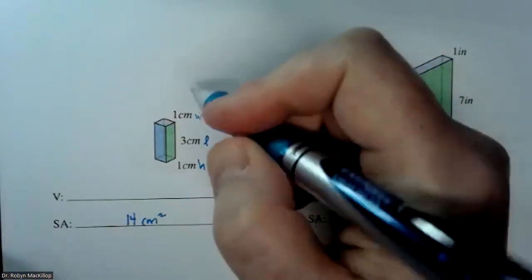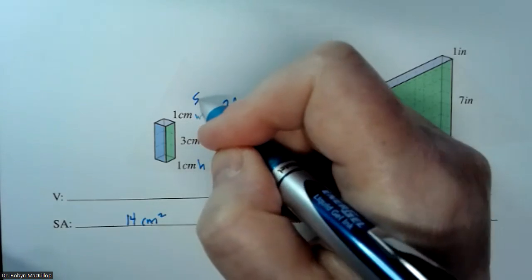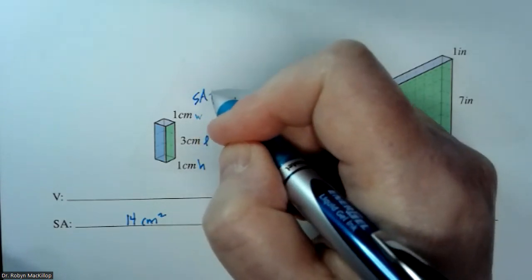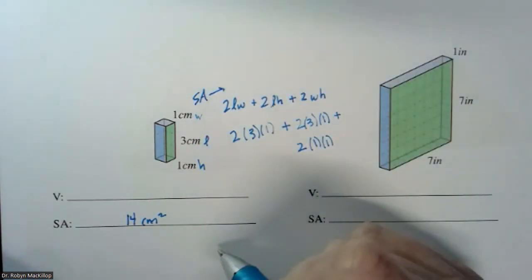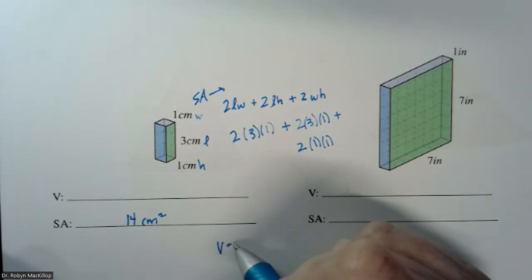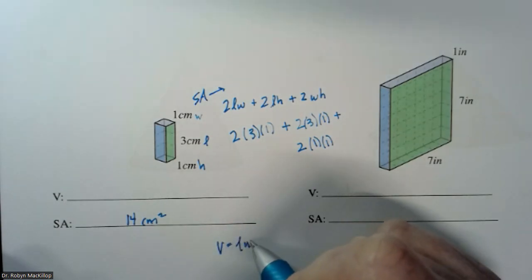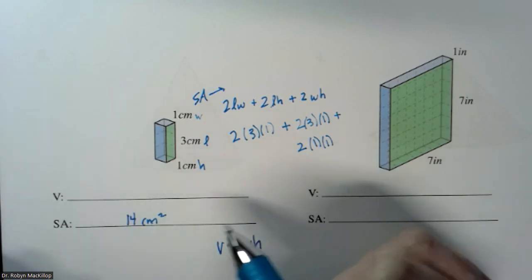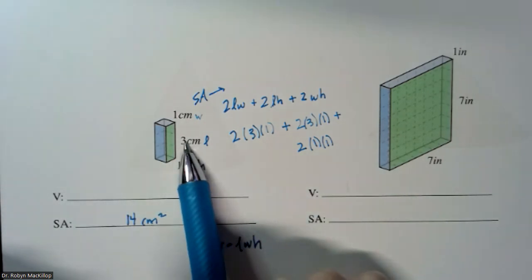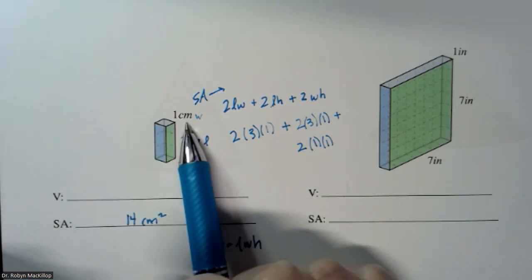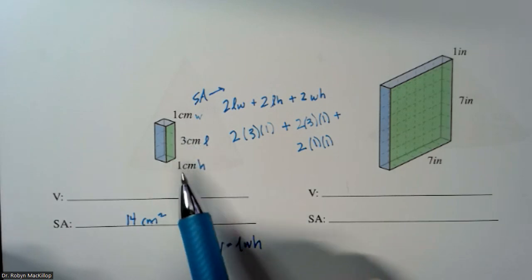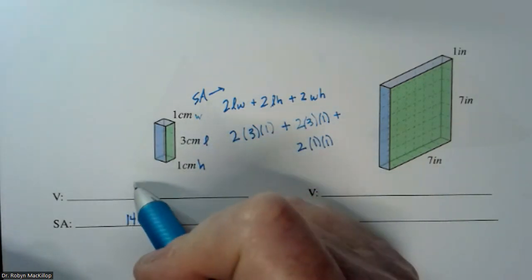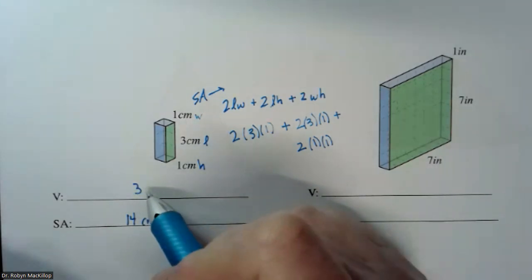So this one was surface area. And then volume is just length times width times height. So that's going to be 3 times 1 is 3 times 1 is 3.